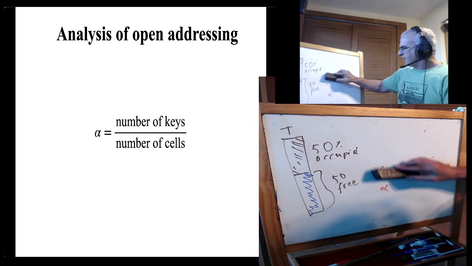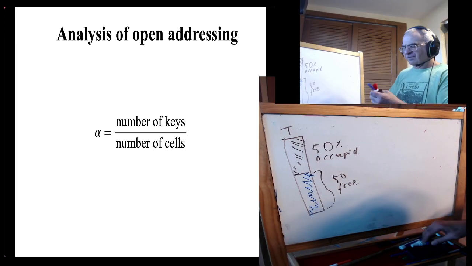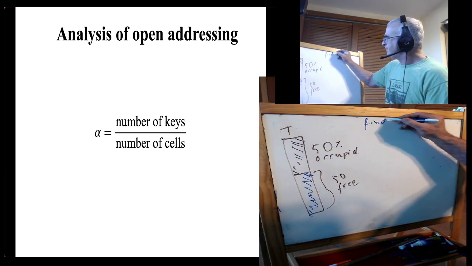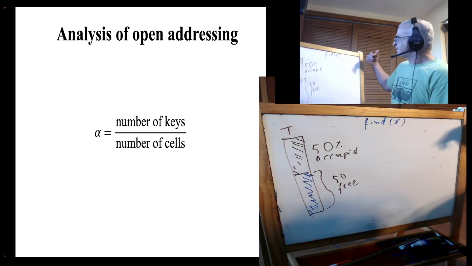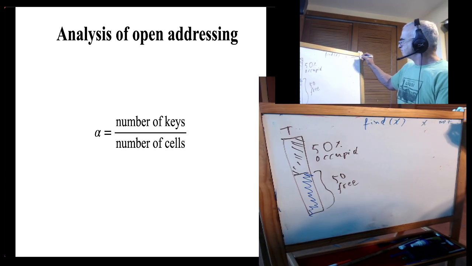And I'm asking, in the process of find, I'm performing find of x, and for simplicity, let's assume that x is not in the table.